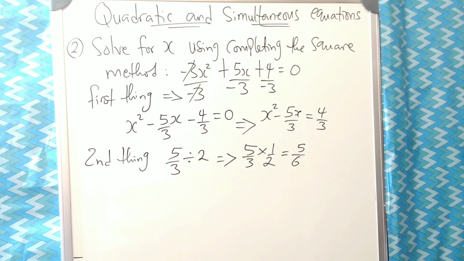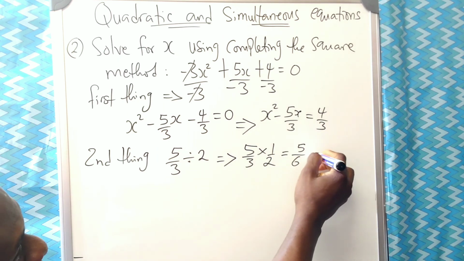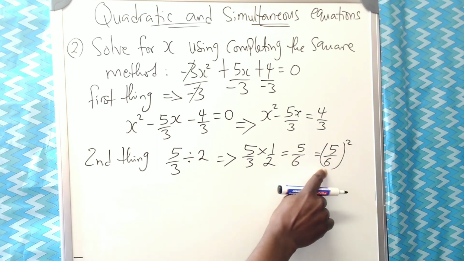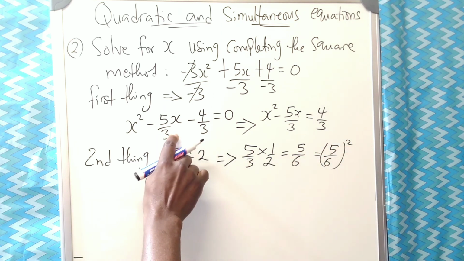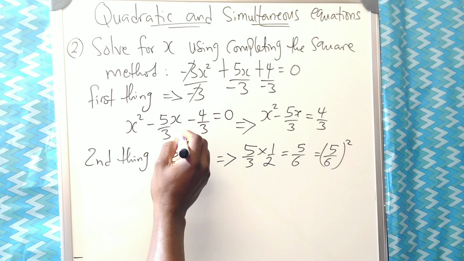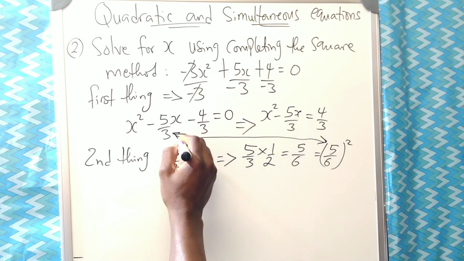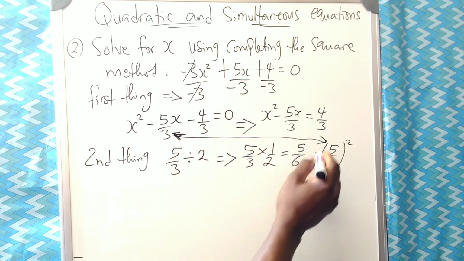When we get 5 over 6 for this, we square it. That is where the name comes from, completing the square. So we square it, 5 over 6 altogether squared. We will introduce this in place of this. It will replace this. I hope you are following. It's very simple.